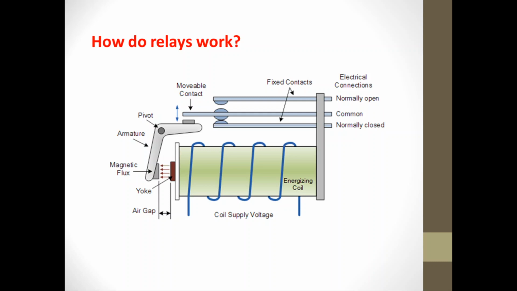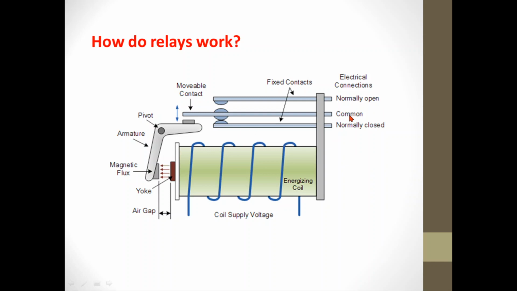Once the relay is cut off from the supply, or de-energized, or basically the supply is turned off, this movable part here will go back to its original position by means of a spring, and this movable point will also go back to its original position.